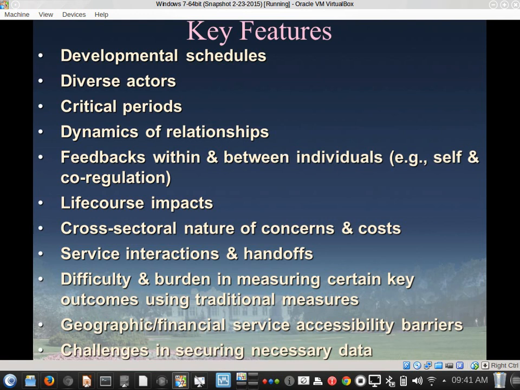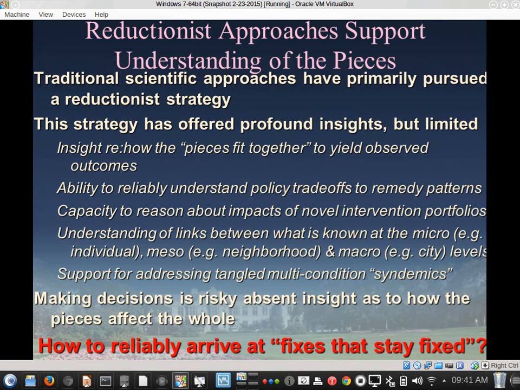And here are many of the factors that come out here: developmental schedules, diverse actors, for sure, diverse organizations in critical periods, dynamics of relationships at the micro level, something that was looked at by that model. But at the same time, life course impacts, these long shadows that are cast over decades and that relate to the ability to care for the next generation of children, for example.